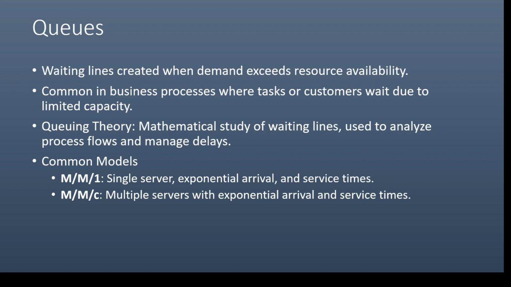This usually happens in scenarios where there are more tasks or customers than the system can immediately process, causing items or even people to wait until resources are completely free. Queues can develop in any part of a business process, whether it's customers waiting at a checkout, documents waiting to be approved, or jobs waiting in a manufacturing line.